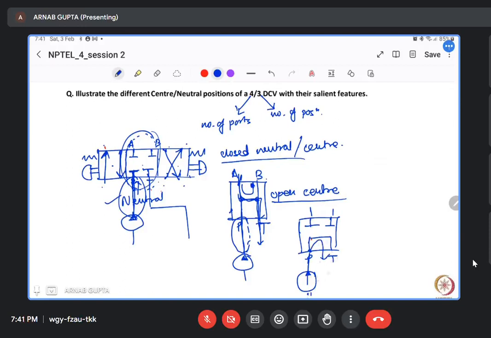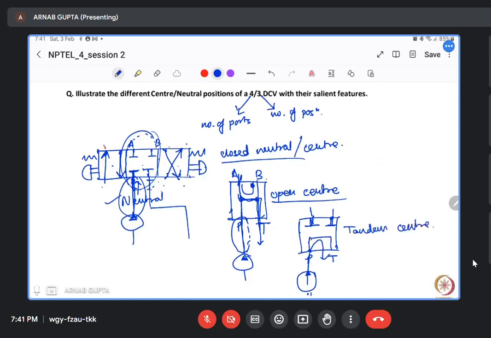So this recirculation will take place whereas these two ports are closed. So that position will be held. Tandem center.